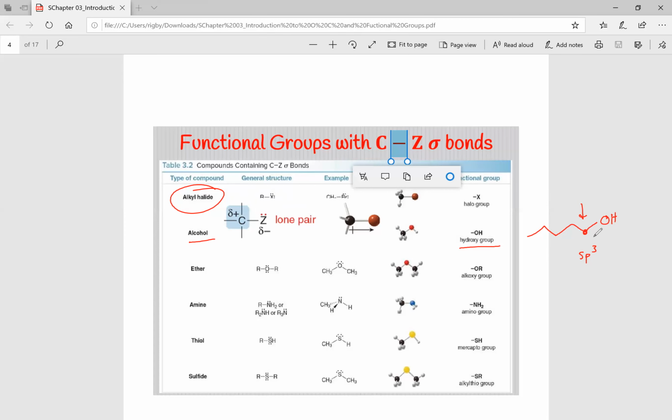This is important when we get into the carboxy subset of functional groups, which has an OH attached to a carbon with a double bond to an oxygen. So this would not be considered an alcohol because this carbon here that the OH is attached to is not sp3, it is sp2. And we'll get into this a little bit further. It's just important to note that, again, we're talking about carbon heteroatom single bonds, which means sp3 hybridized.